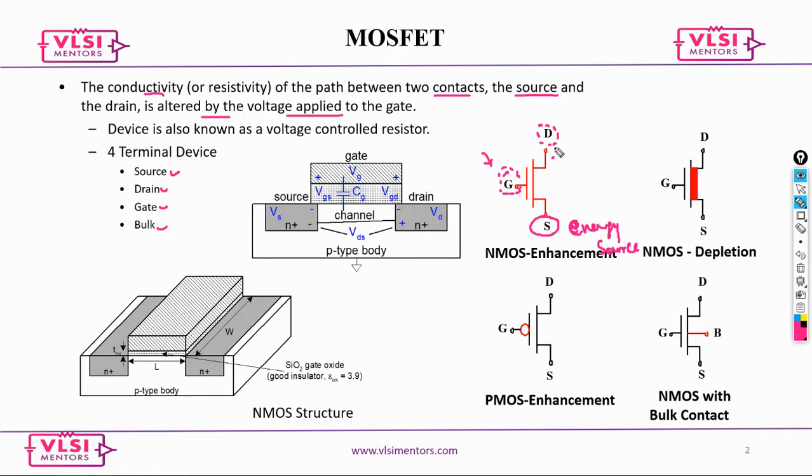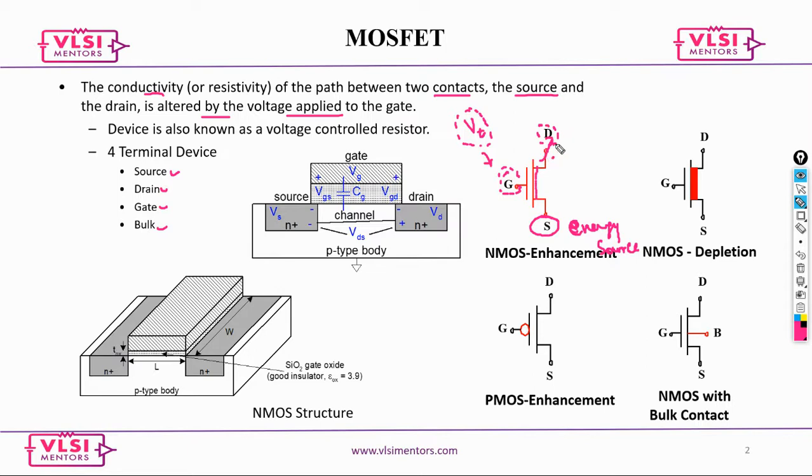When I say the drain gets charged, what does this mean? When your gate is on, it is basically more than the threshold voltage. We will talk about what threshold is in a while. So when your supply voltage at the gate goes beyond the threshold, the gate opens, or is on, and the drain starts charging.